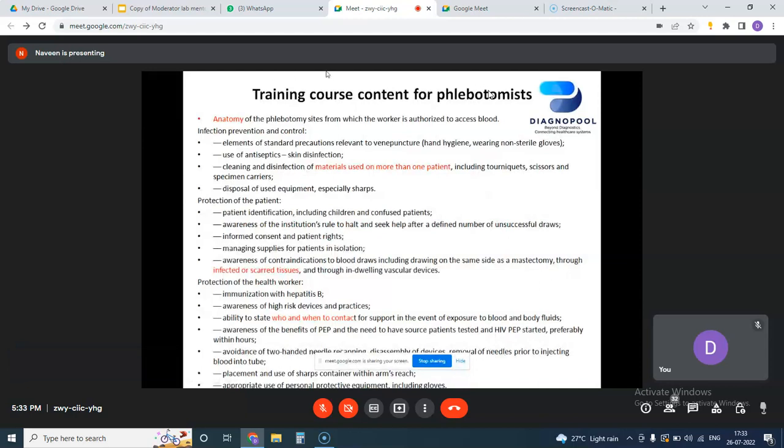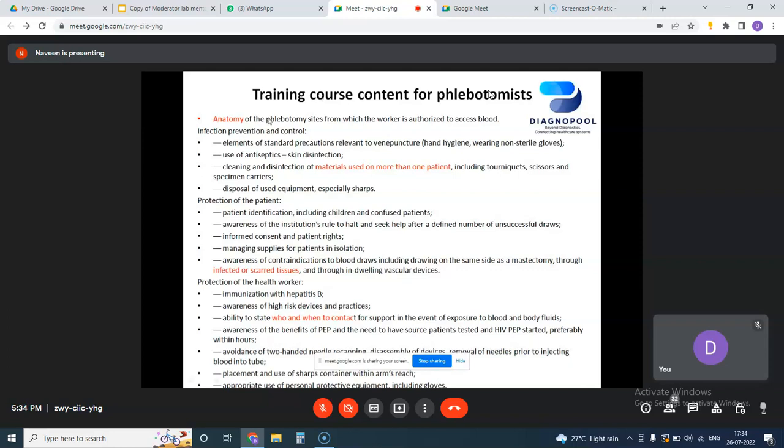Training of the phlebotomist is very important for improvement in all the aspects of phlebotomy. If you need to improve day by day, then what we need to do is training of the phlebotomist by the lab doctors.